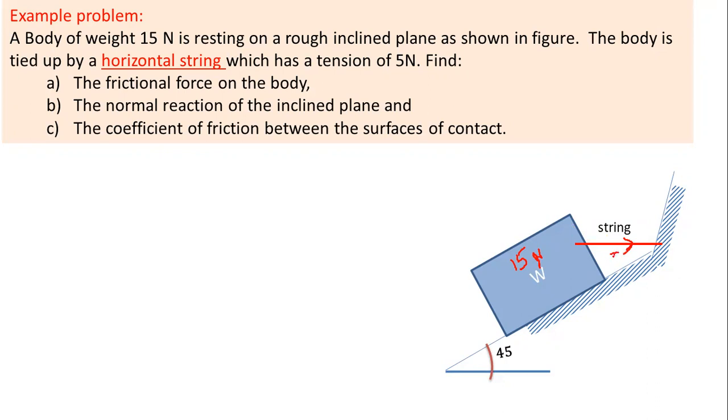This is tension T, and its value is T equal to 5 newtons. So the tension in the string is T equal to 5 newtons and the self weight of the block is W equal to 15 newtons.